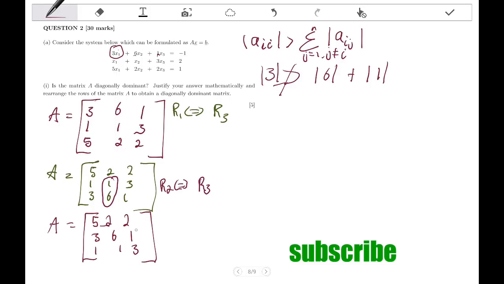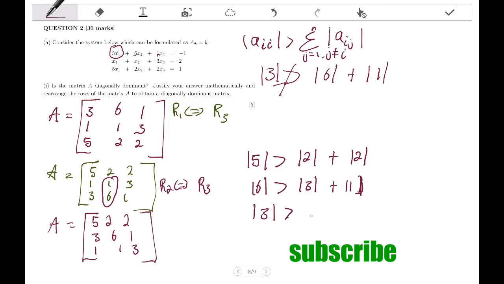You can confirm this by saying the absolute value of 5 is greater than the absolute value of 2 plus the absolute value of 2, which is true. Then the second one, the absolute value of 6 is greater than the absolute value of 3 plus the absolute value of 1. And for the last one, the absolute value of 3 is greater than the absolute value of 1 plus the absolute value of 1. Then you are done.